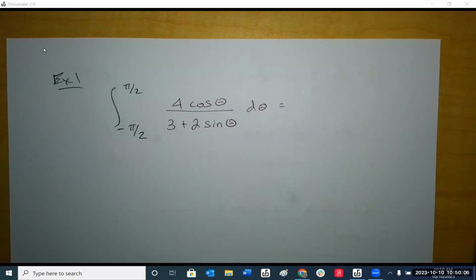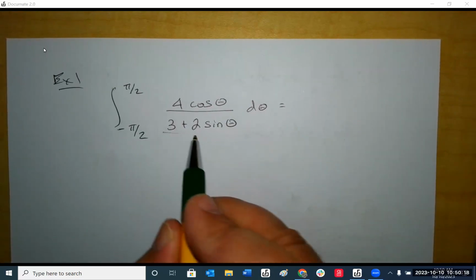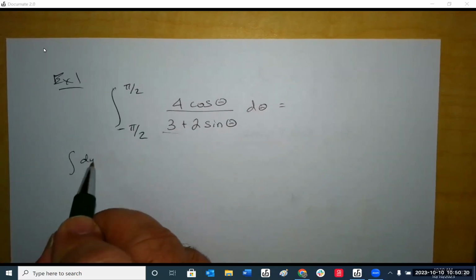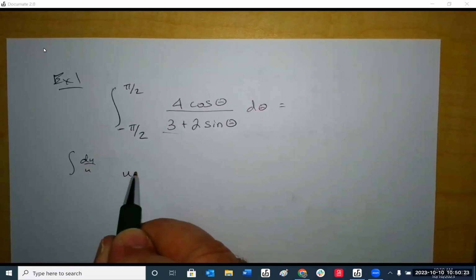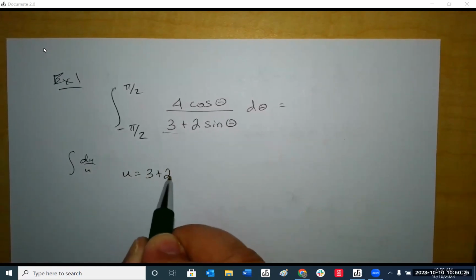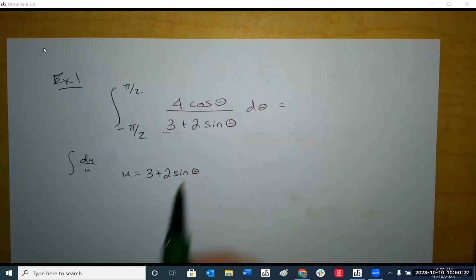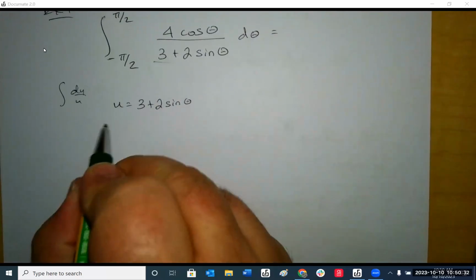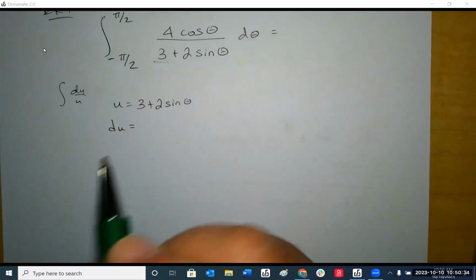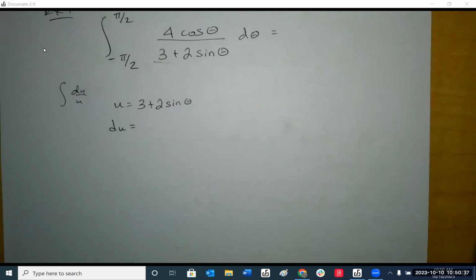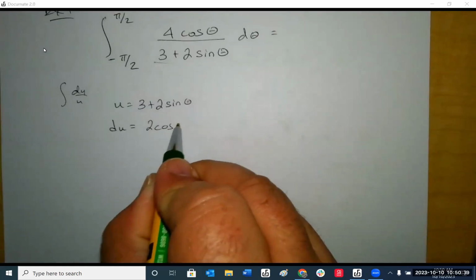So what do you think? Does this match our form du over u? So let's check. If we're seeing if it matches du over u, so if our u was 3 plus 2 sine theta, what would du be? 2 cosine theta.